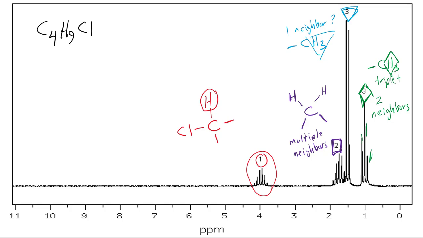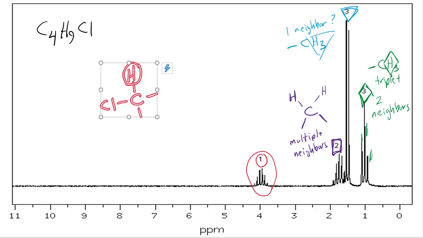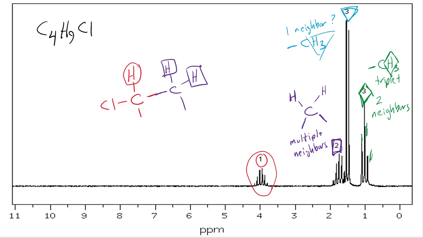So in thinking of how to put these puzzle pieces together, the carbon with the chlorine has to be attached to the CH2, because those are the only two fragments that can be attached to more than one other thing. So if we move that over so we have room to bring in the CH2, which is our two purple block hydrogens, then we can attach our two methyl groups.